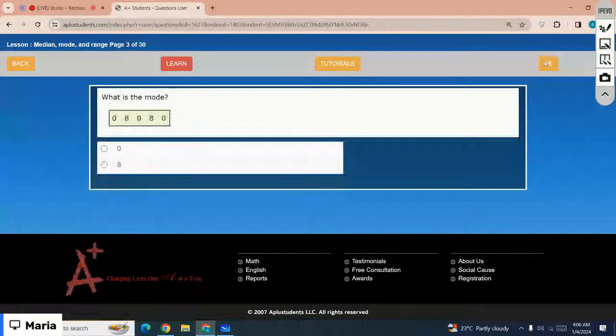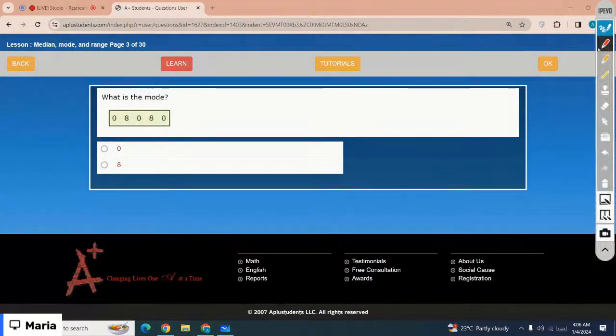What is the mode? Mode is the number that appears the most in the given data. Just look at the given data. You have 0 that appears 3 times in the data, 1, 2, 3. And 8 that appears 2 times in the given data.